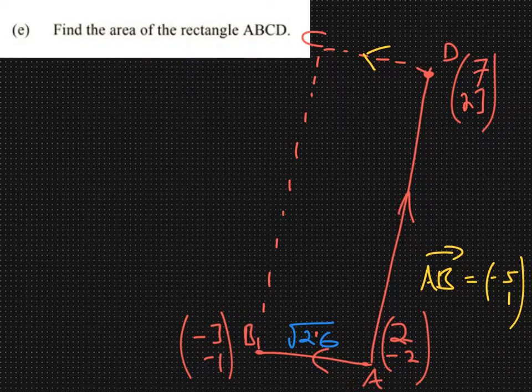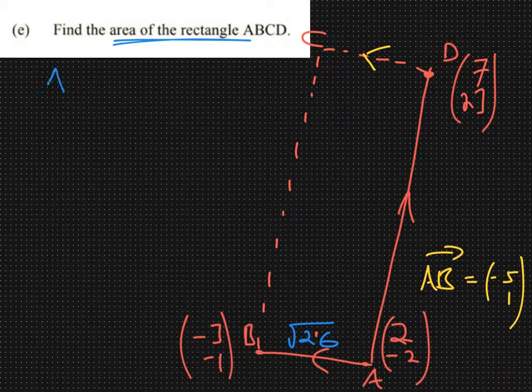For the final part of question 11, you are asked to find the area of rectangle ABCD. So you have already got from earlier on in the question the magnitude of vector AB, which is √26. All we need to do then is find the magnitude of vector AD and multiply them together.